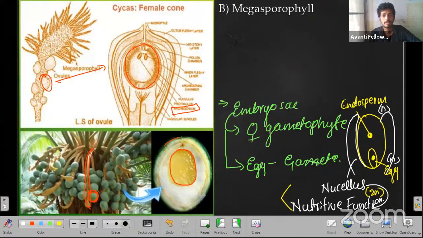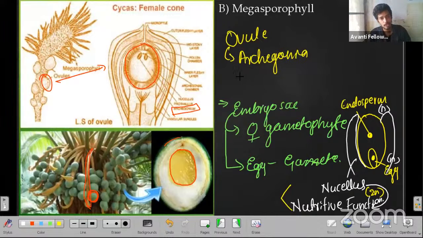Starting from here, the ovule will be present. You can see there are chambers and layers, and inside it contains the archegonia structure, with the nucellus around everything. You can also say that a female gametophyte only contains the archegonia.